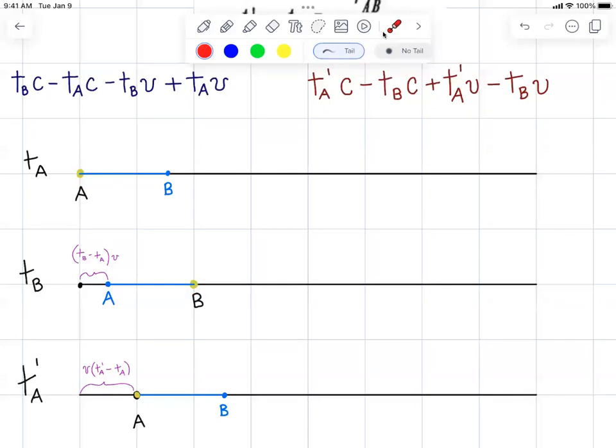But we need to be careful because even though point A is in this diagram as well as this diagram, T sub A only refers to this point. So when we say C times T sub A, we're referring to this time and this position. Or maybe position isn't the best word. We're just referring to this particular event.